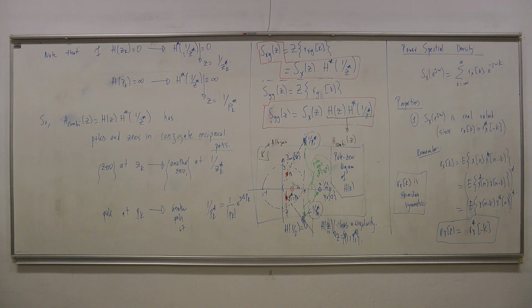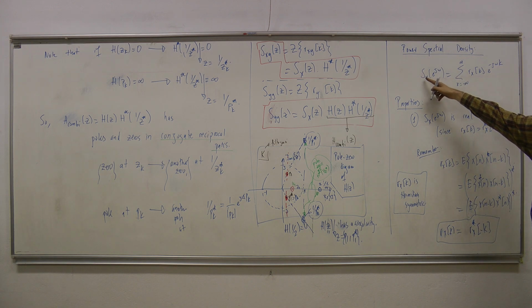If this is real valued, the conjugate does not do anything, then Rx of k is an even function. So if this is Hermitian symmetric, you can easily see that Sx would be real valued. If you take the conjugate, then I have conjugates over here. Do a change of variable, k to minus k, then this becomes Rx conjugate of minus k, but Rx conjugate of minus k is equal to Rx of k.